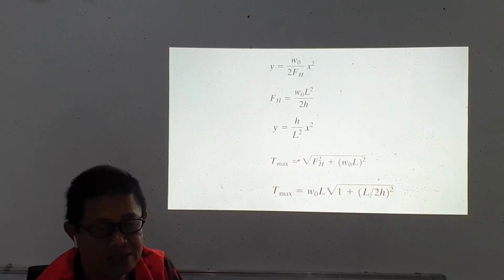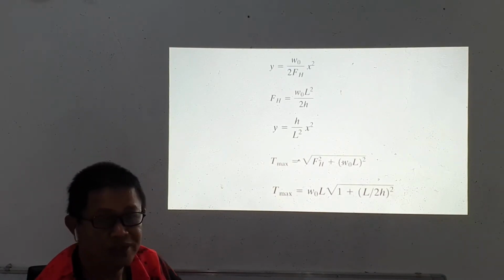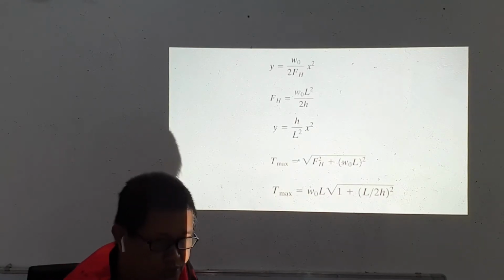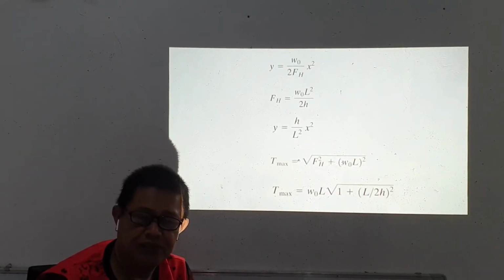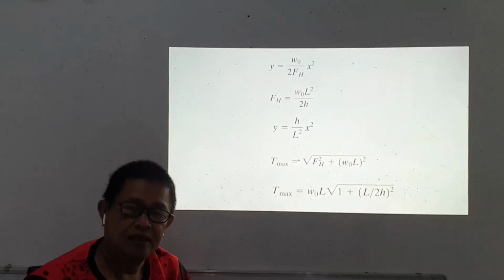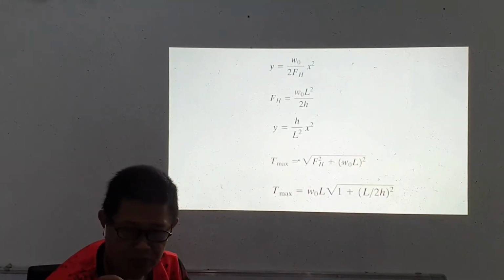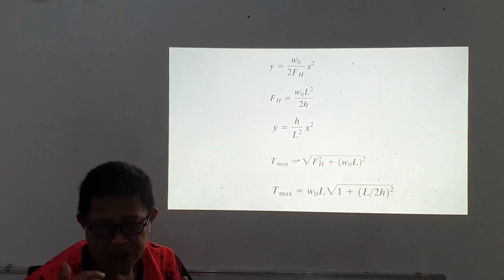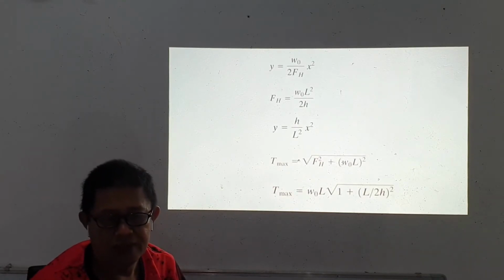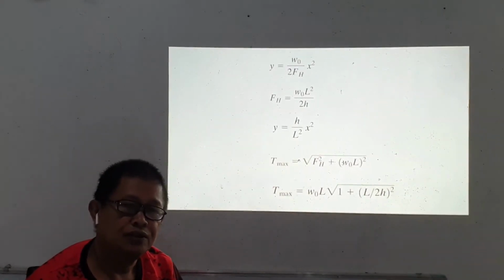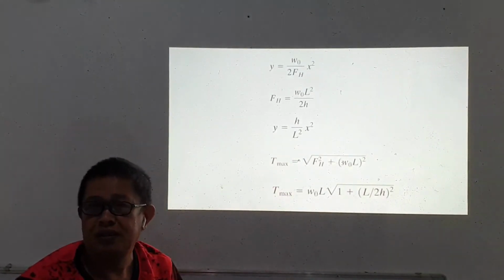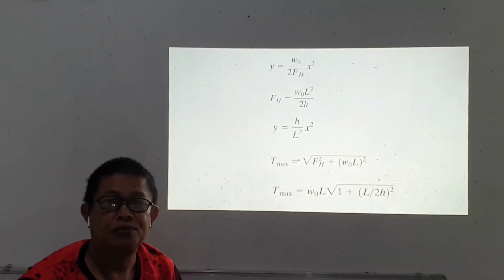Then we have Tmax, which from our derivation is also W0 times L times the square root of 1 plus L over 2H squared. So you can just use these equations directly, because there are problems that could easily be solved directly based on the given forces or applied loadings and distances. But the problem with using the equations directly is that you may not be able to remember them, or sometimes we will miss some of the terms in the formula.